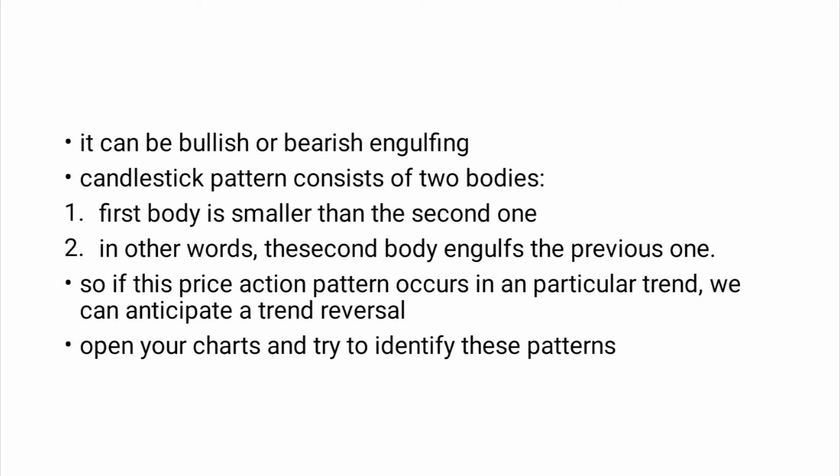In other words, the second body engulfs the first. That's the concept: one being smaller and the other being bigger, so the bigger one engulfs the smaller one. If this price action pattern occurs in a particular trend, we can anticipate a trend reversal. If we were in an uptrend, we know that price is about to reverse and go down, so sell.